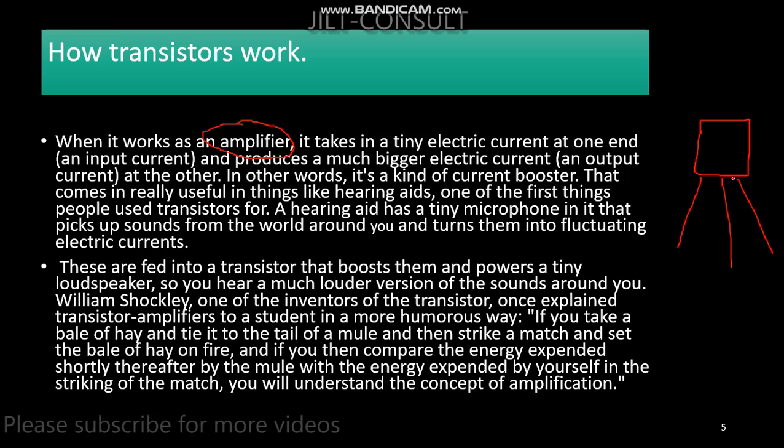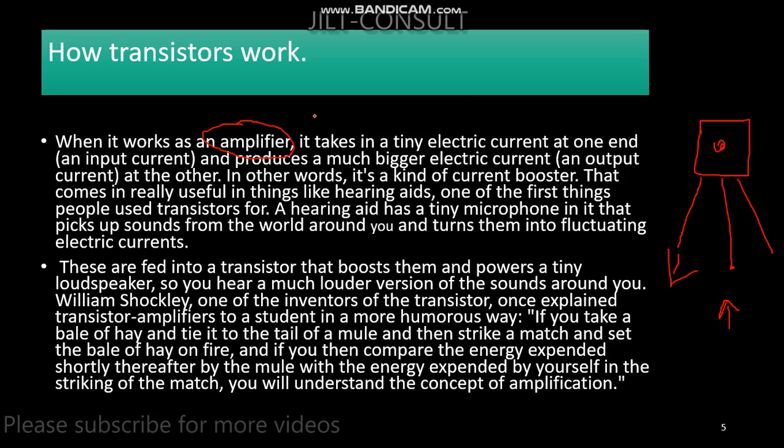We're saying that transistors serve as amplifiers, which means when you put in an electricity current, the transistor receives the current, amplifies it, and puts it out as a much bigger current than the amount of current input.